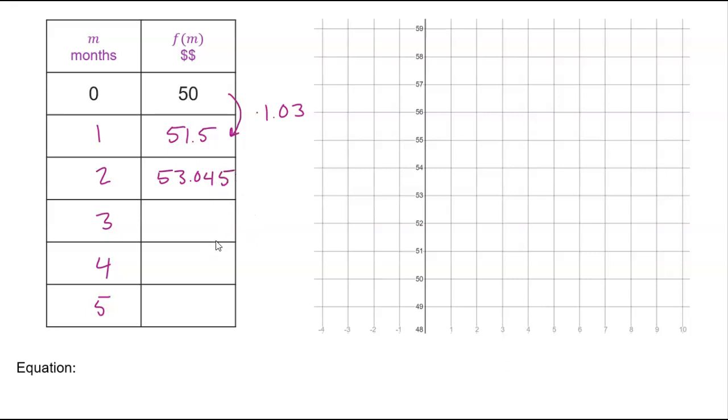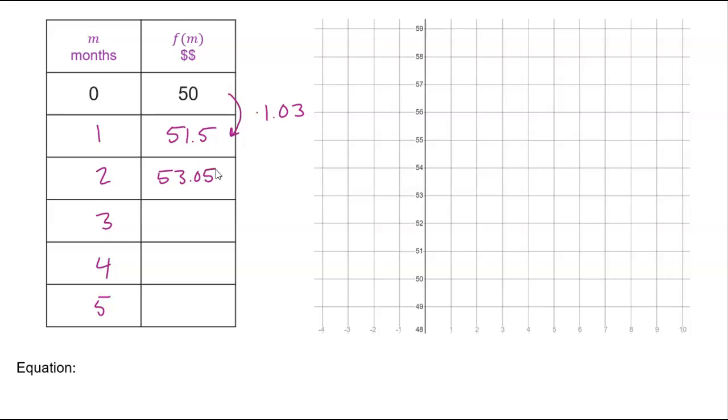Now remember, this is money, and we don't have parts of pennies. So maybe we'll round here. We'll just round this to 53.05.